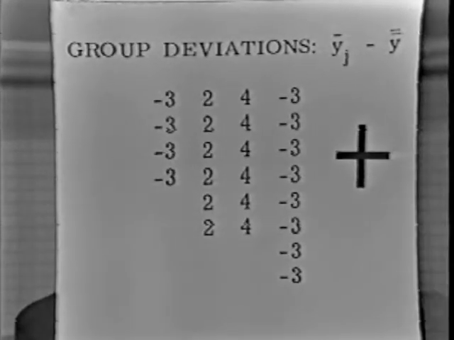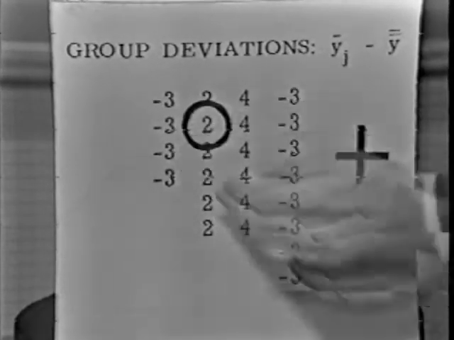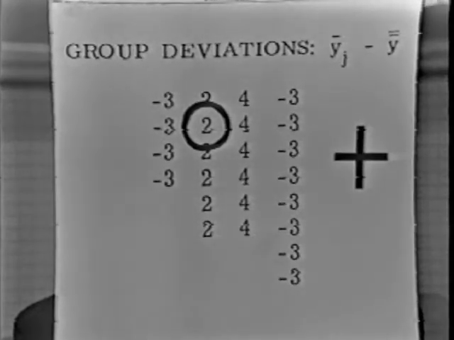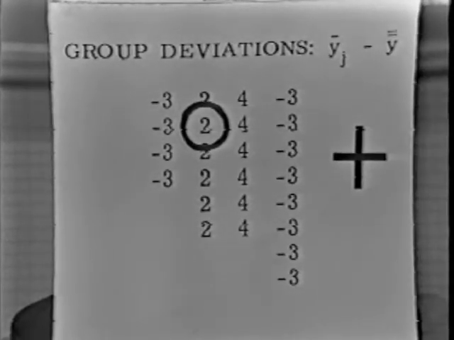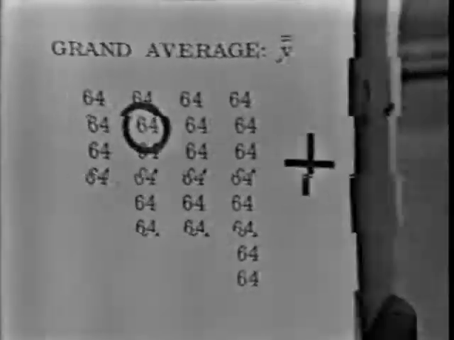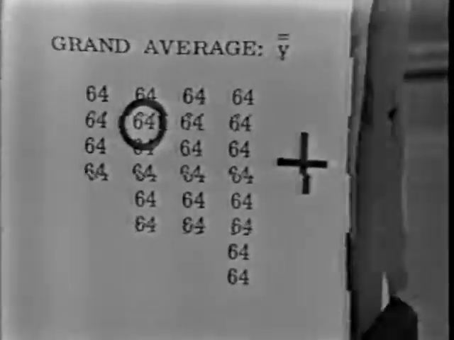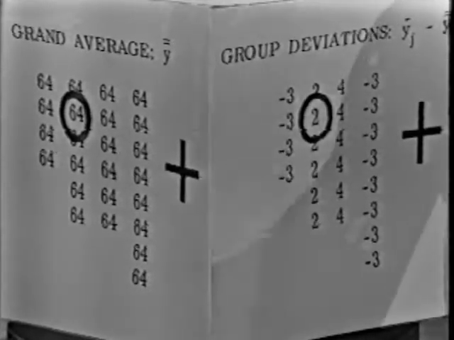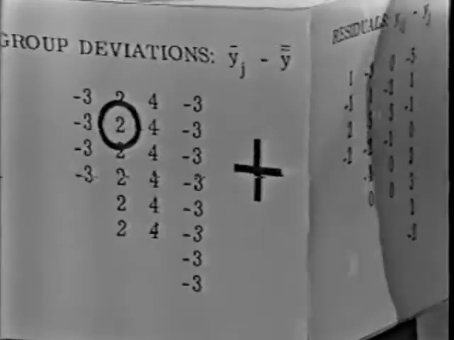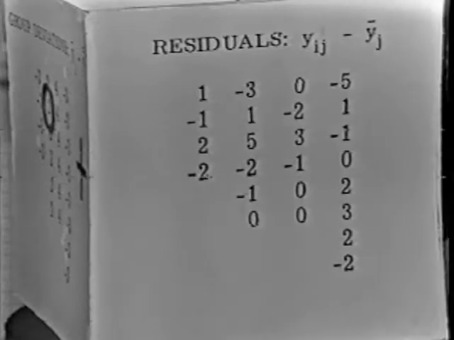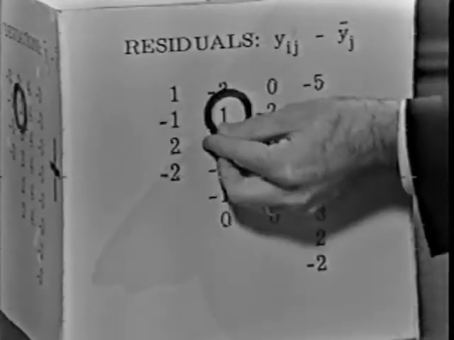The effect for being in the second treatment was plus 2. Now we've got to get that equal sign to work. The 67 is equal to 64 plus 2. I need one more to make that equal sign work, and so the residual in this case will come out equal to 1. There they are.